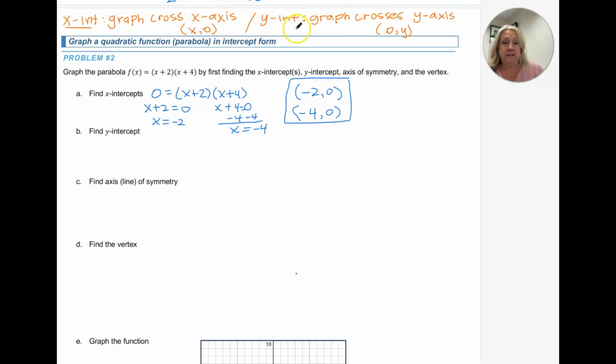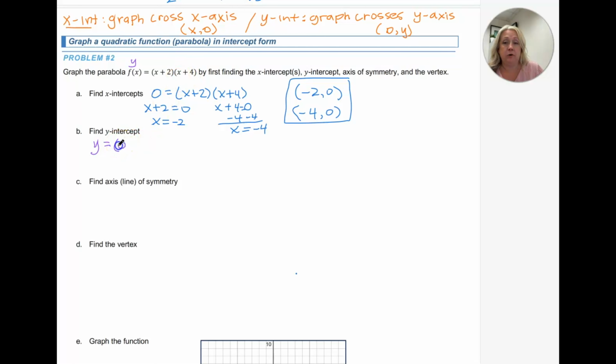So for the y-intercept, our x is going to be 0, and then we solve for y. Remember in our graph, f of x is the same thing as y, so if you want to think of it that way, it might be easier. So I'm going to have y equals, and in place of my x's, I'm going to put 0.